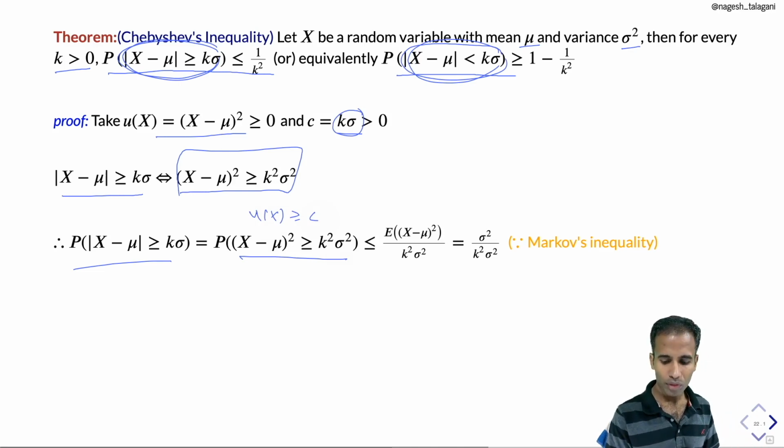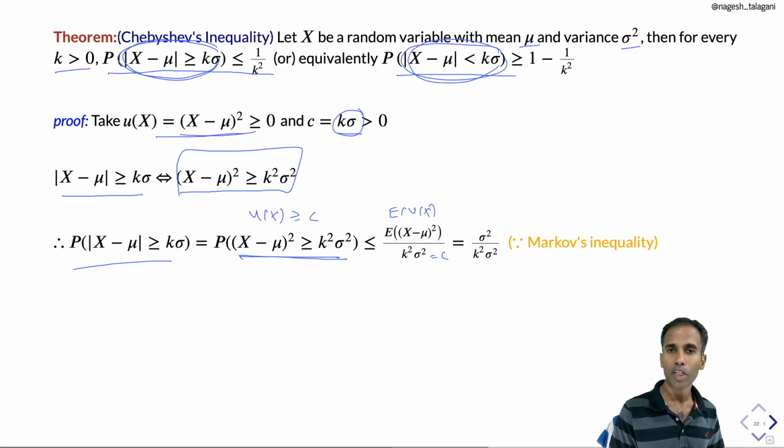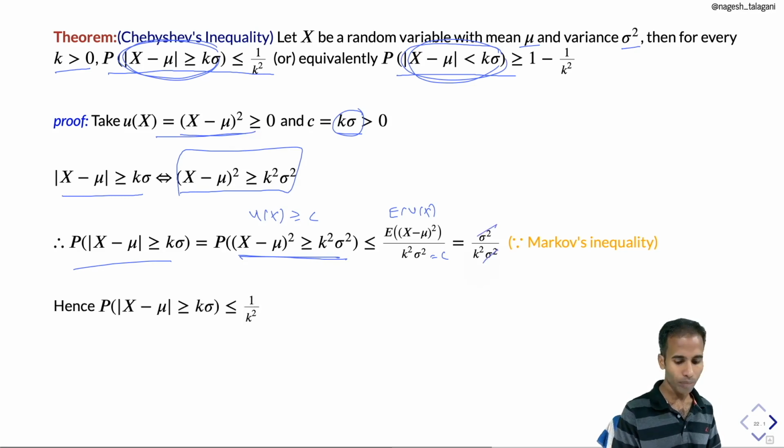So what is u of x here? X minus mu whole square. So expectation of x minus mu whole square by definition is variance, right? So this is variance sigma square by k square sigma square. So this cancels. So we have probability of mod x minus mu greater than or equal to k sigma less than or equal to 1 by k square.